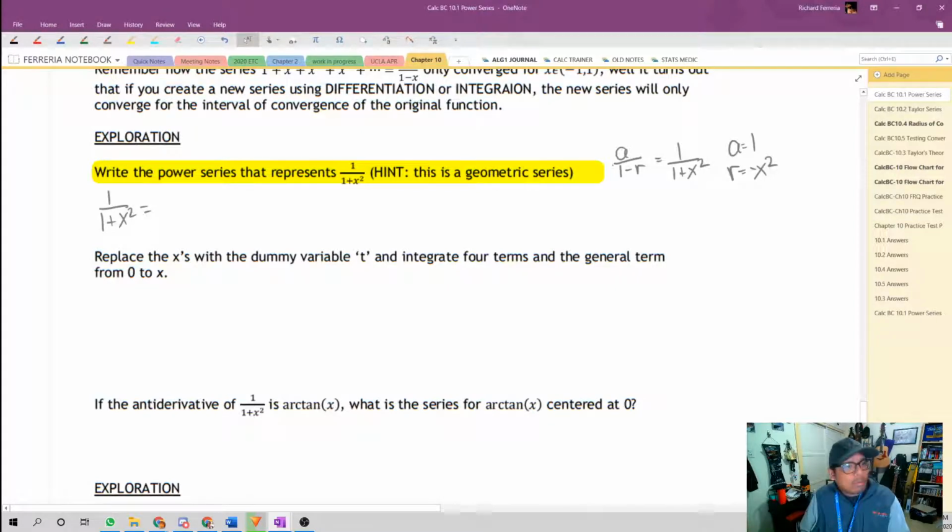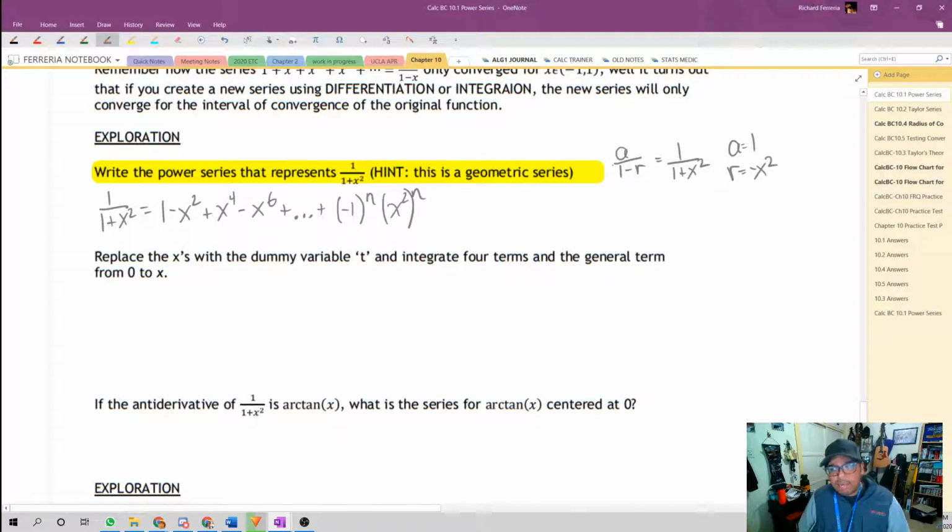So 1/(1 plus x squared) is equal to 1 minus x squared plus x to the 4th minus x to the 6th plus, up to the quantity of -x squared to the n, which I don't like because inside that power we've got a negative and a second power. So I'm going to simplify that first by simplifying the negative part.